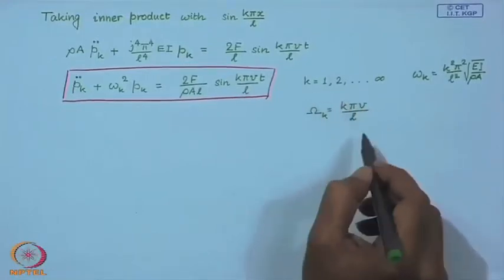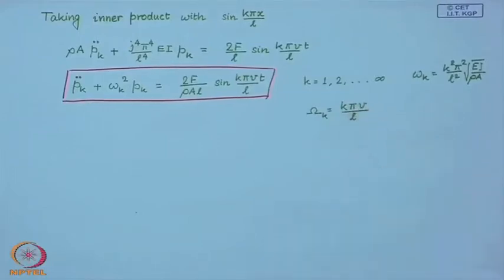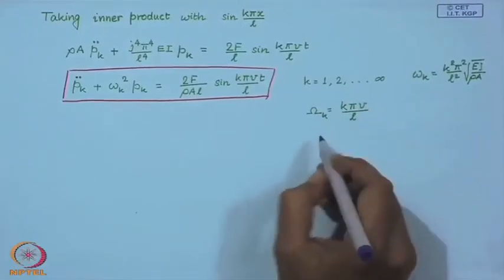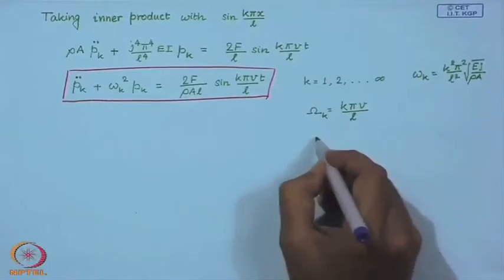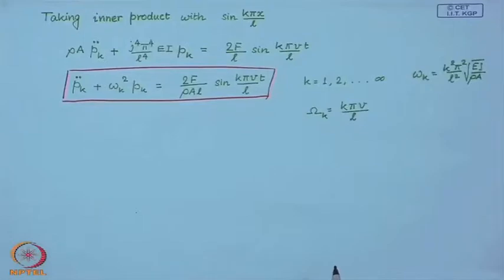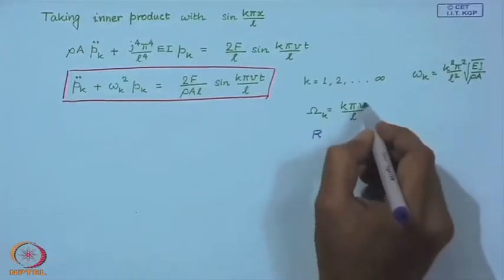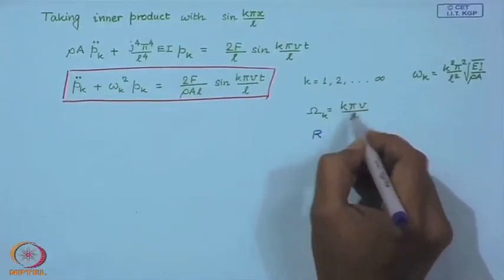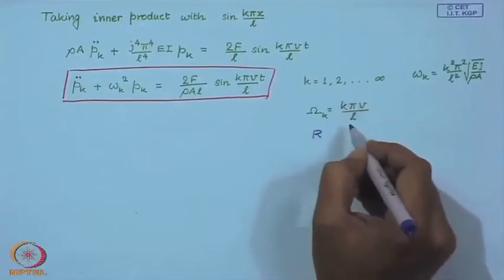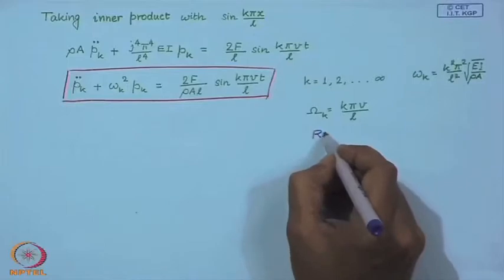Now, there can be velocities for which this harmonic forcing frequency equals the natural circular frequency of the kth mode. In that case we will call this forcing a resonant forcing.